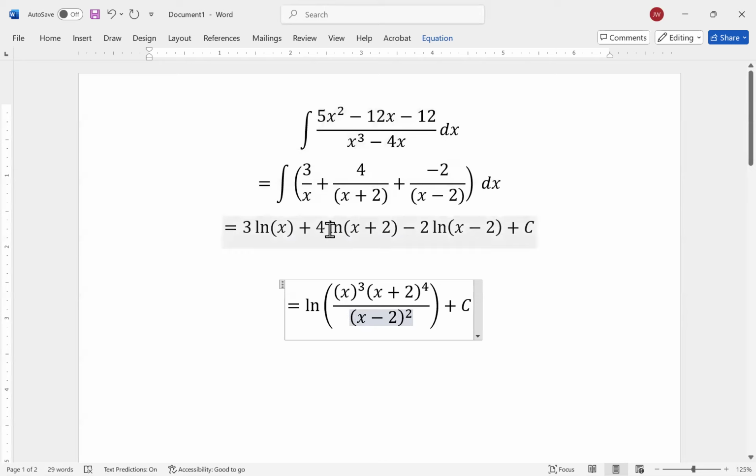And this answer, the one I wrote here, and this answer are equivalent using the rules of natural logs.